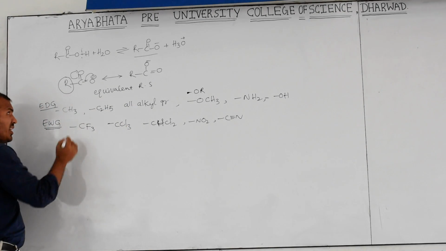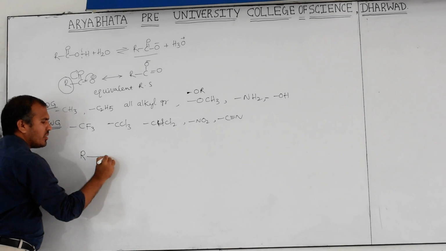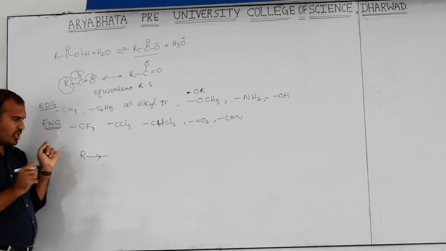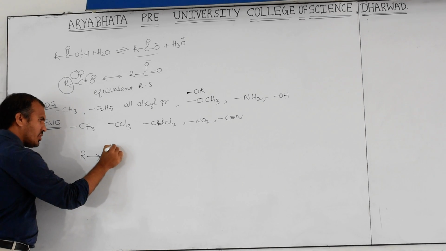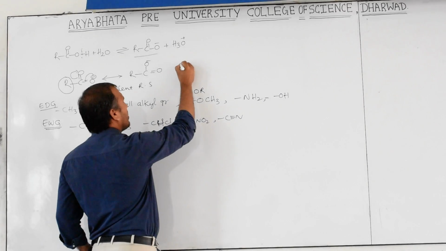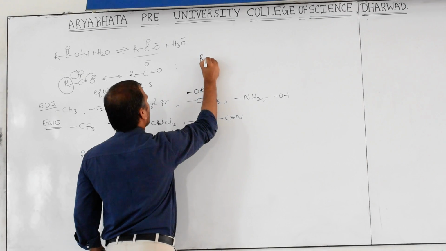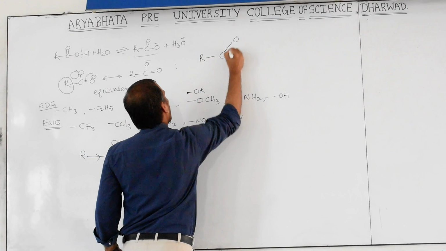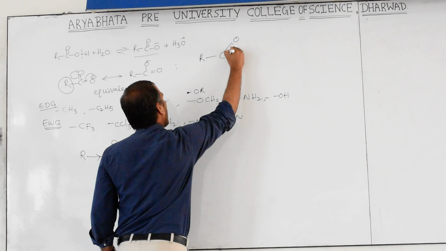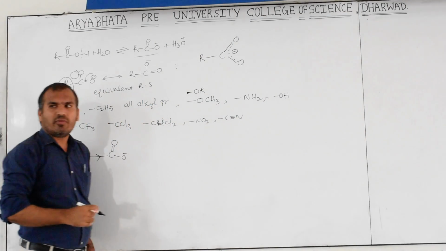Now, carefully observe. The R group is electron donating towards this carbon, towards this C double bond O minus. For this we can write the resonance hybrid structure. What does it mean?